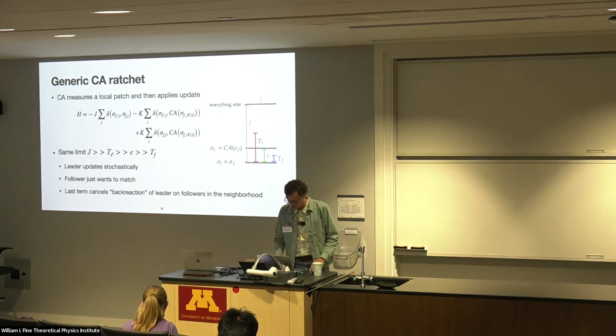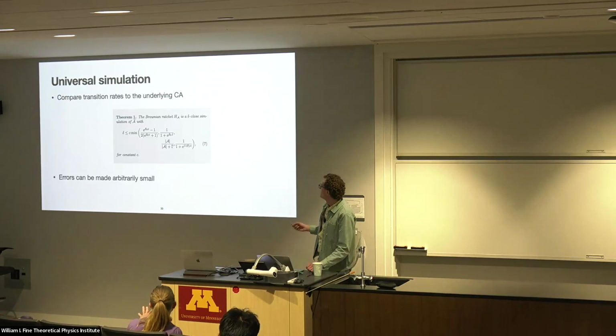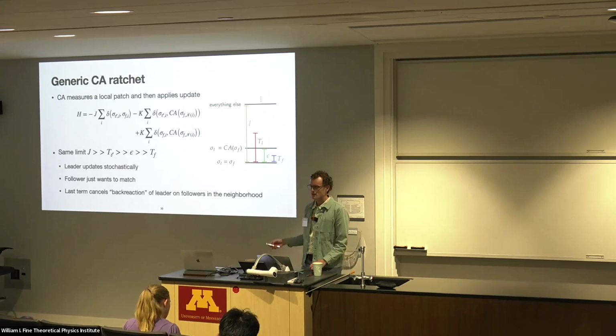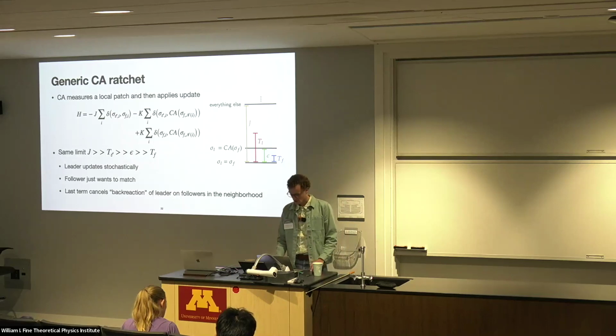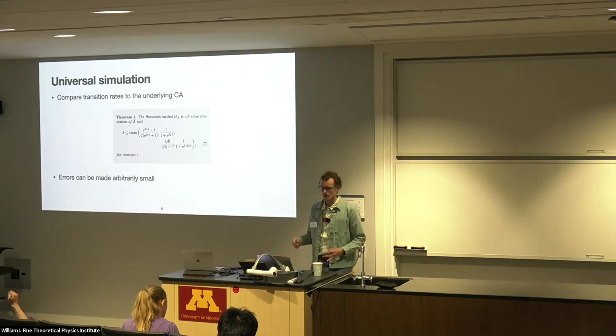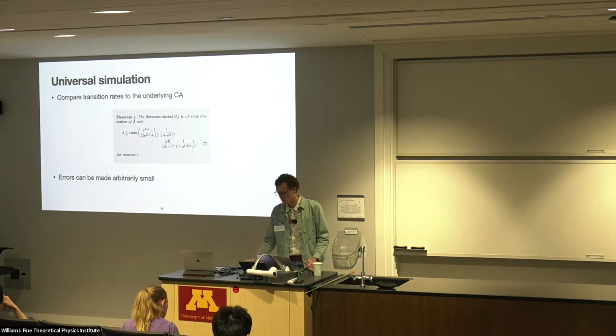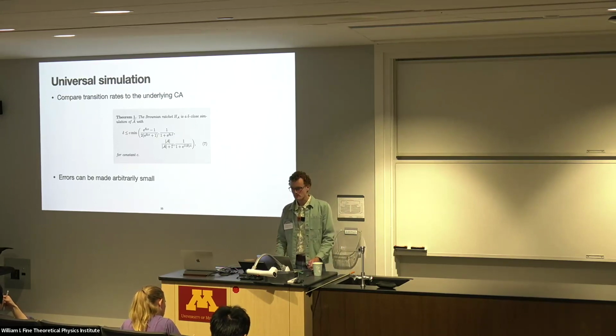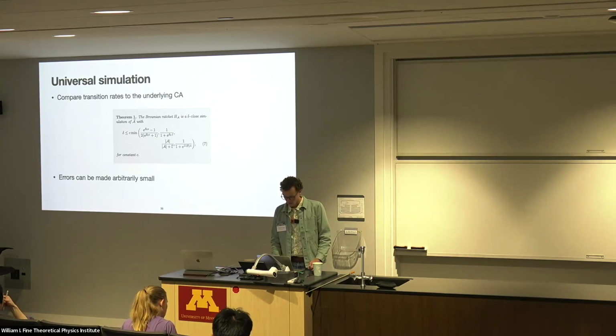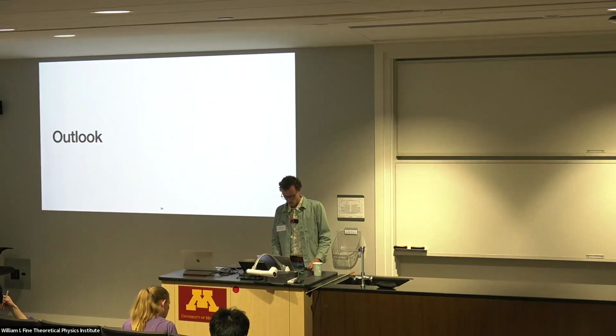But once you've constructed this thing, you can actually prove that the dynamics that you get from this Hamiltonian, as long as you work in this limit where one of the temperatures is greater than the other, will simulate your chosen cellular automaton arbitrarily well. So I'll just move on to some outlook, and then I'll have some time for questions.